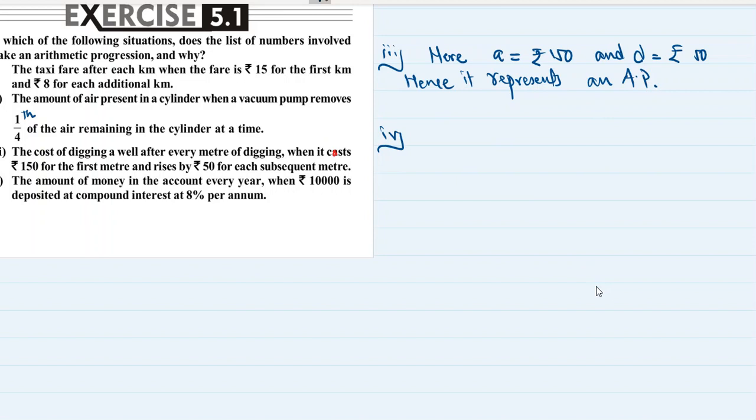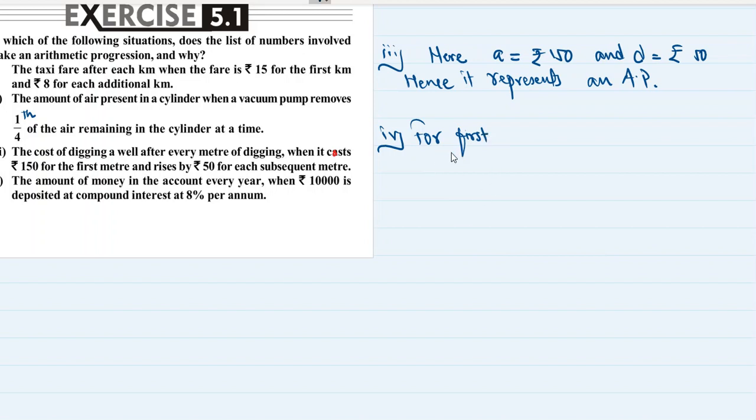Okay, next question. The amount of money in the account every year when rupees 10,000 is deposited at compound interest at 8% per annum. Now see what is happening in compound interest. For the first year, I will not use the formula for compound interest. I will use the long method. I hope you remember the method of finding compound interest from class 8th.